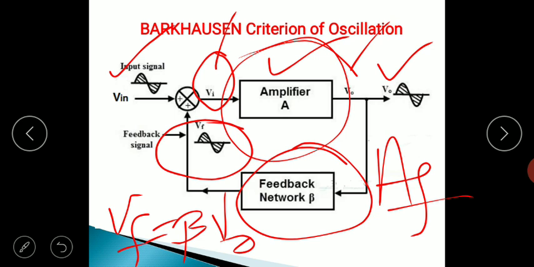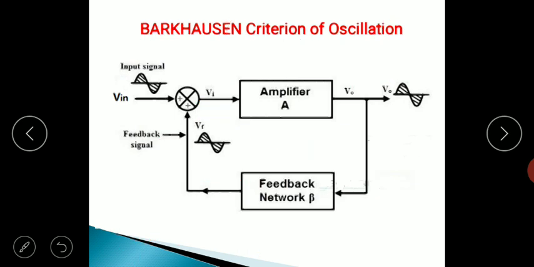So to understand or to state what the Barkhausen criterion of oscillation is, first we will try to derive the gain of this particular positive feedback amplifier, that is AF.